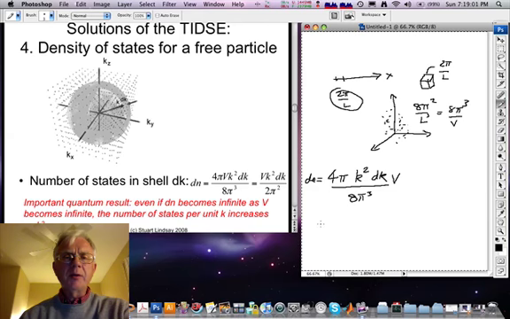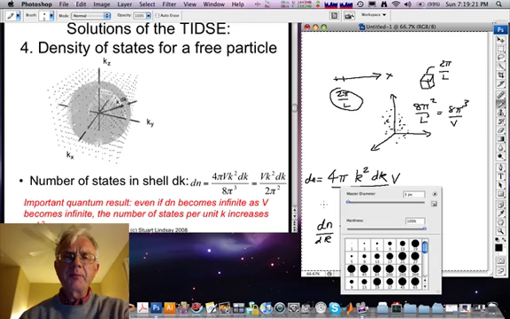So, simplifying a little then, we see that the number of states between k and k plus dk, which I guess I can write as dn dk, is given by V k squared over 2 pi squared.